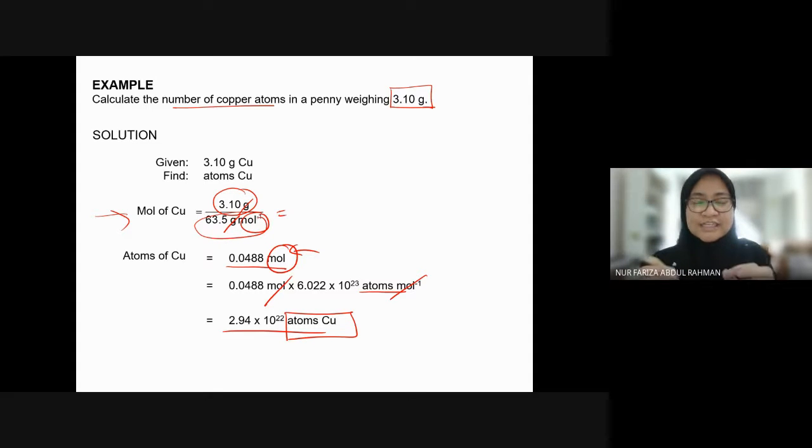Unit is compulsory. Let's just say it is compulsory, to make sure that we are on track. So please include the unit. I will check your tutorial answers and I'll comment on that. For those who did not include the unit, I'll definitely comment on that.